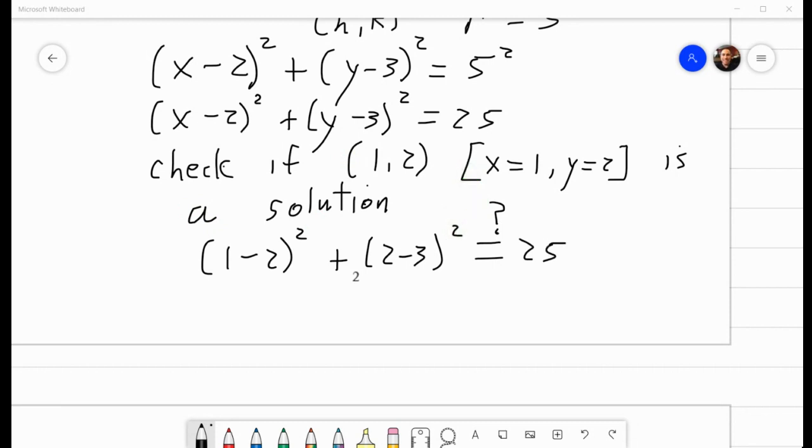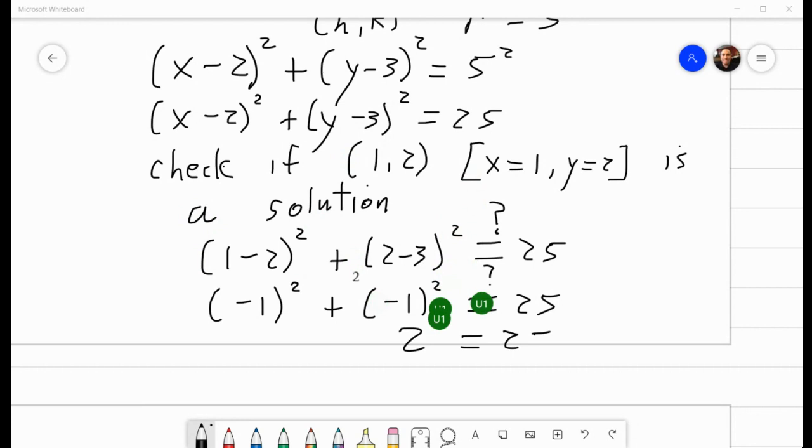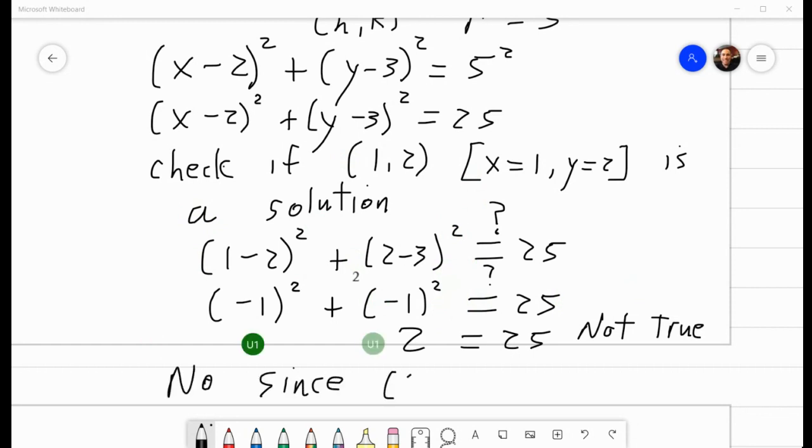Well, hopefully you can see that the answer is going to be no. So from here we have minus 1 squared, right? That's 1 minus 2, plus another minus 1 squared. But is this equal to 25? Well, the answer is no, because on the left side you get 1 plus 1, which is 2. Right? And this is not true. So in this case, the answer would be no, since 1, 2 is not a solution.